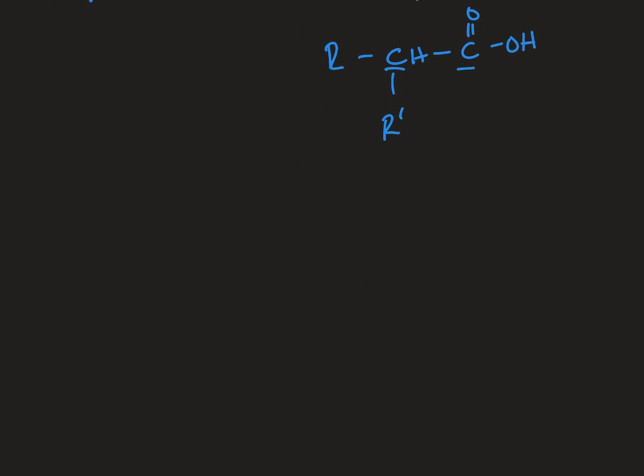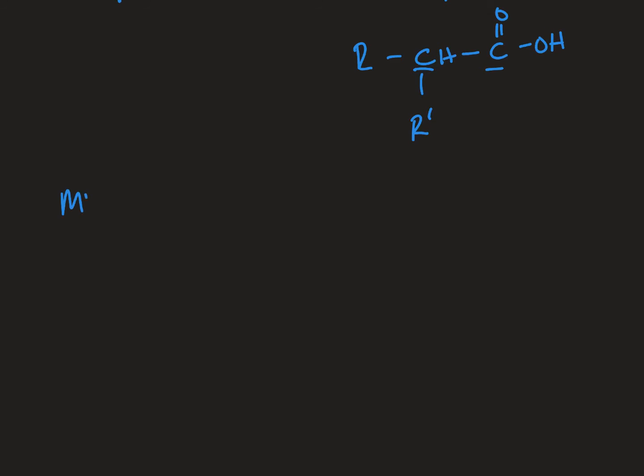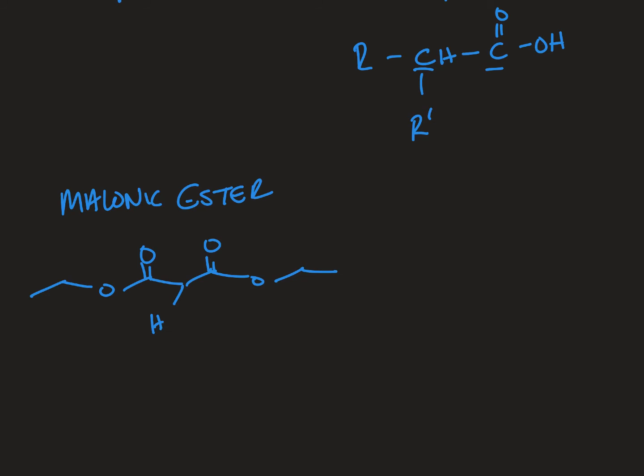So the reagents we're going to be using with this, one of which is the malonic ester. And I'm going to draw this structure out for you so we can see what it looks like and why we're talking about it. So here's malonic ester, and the reason we're using it is we have 2 very acidic hydrogens here right in the middle of the structure.